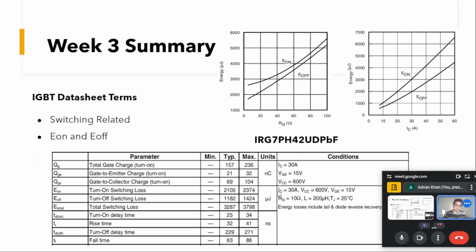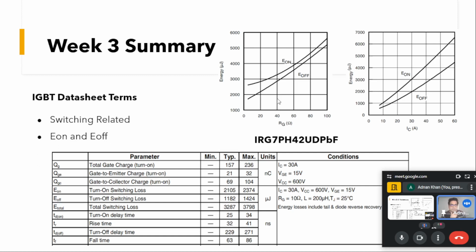If we have different test conditions, these values may not hold true, and we have to look at the different graphs to calculate the turn on and turn off losses for the different parameters.